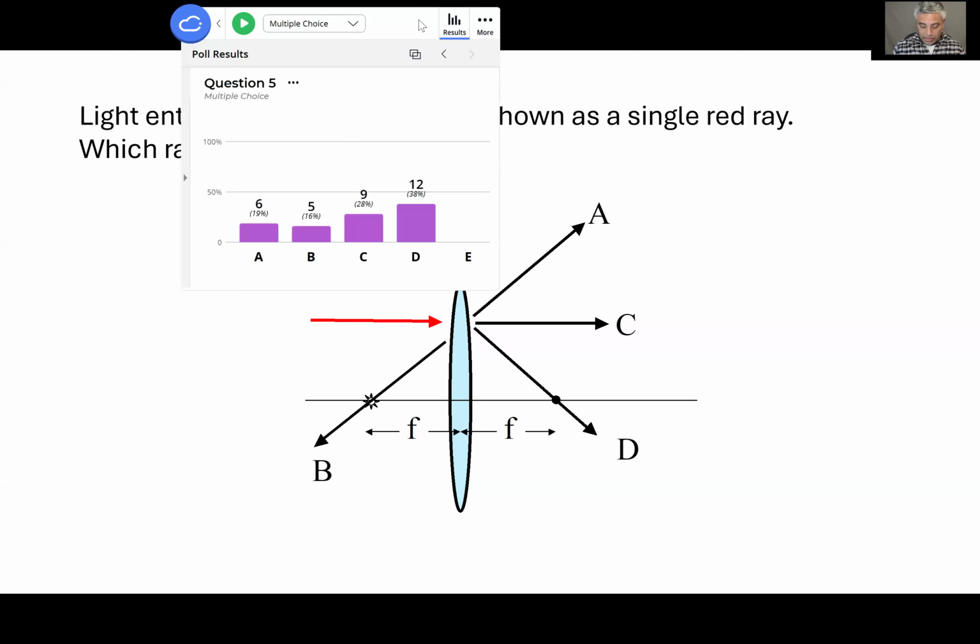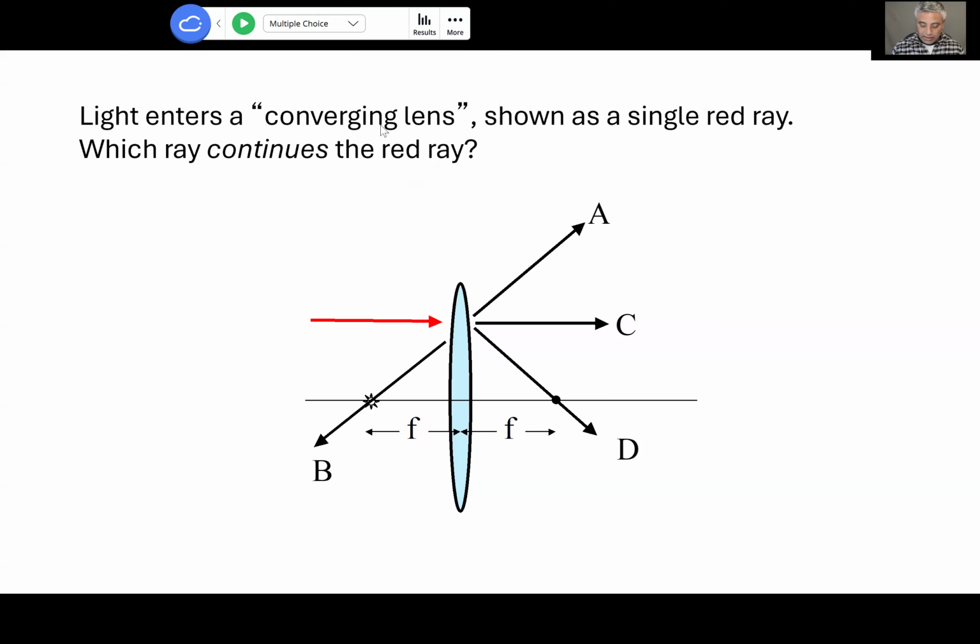Let's see what we got here. We got all of them, a bit more for D, and there are quite a few C as well. D is the correct answer in this case. The ray that goes parallel goes through the focus on the other side.